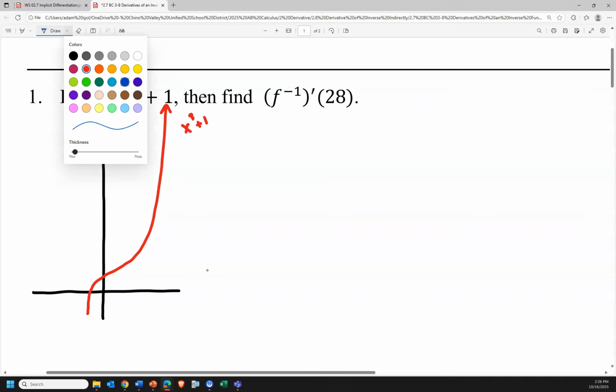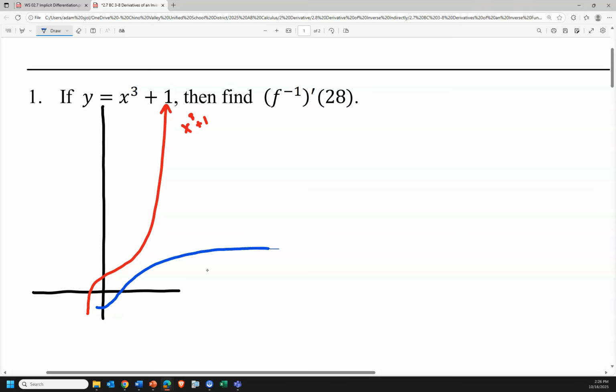Now, knowing what I know, and hopefully you know as well, the inverse of x cubed plus 1 has all the same x's and y's, but with inputs and outputs reversed.